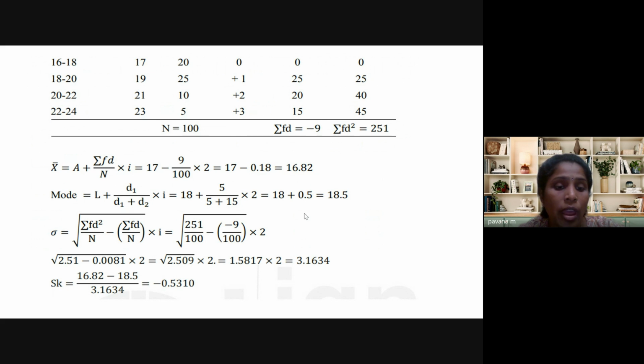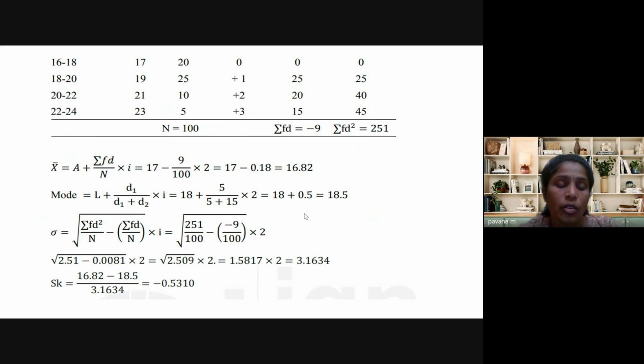Then you have to find d1 divided by d1 plus d2 into I. So you will get 5 by 5 plus 15 into 2, so the mode is 18.5. Next you have to calculate SD, standard deviation, sigma.